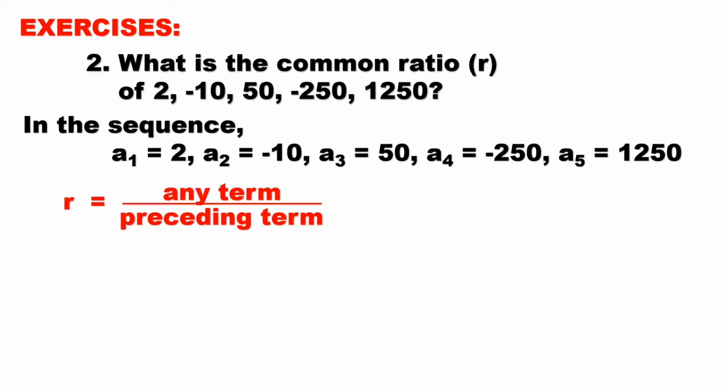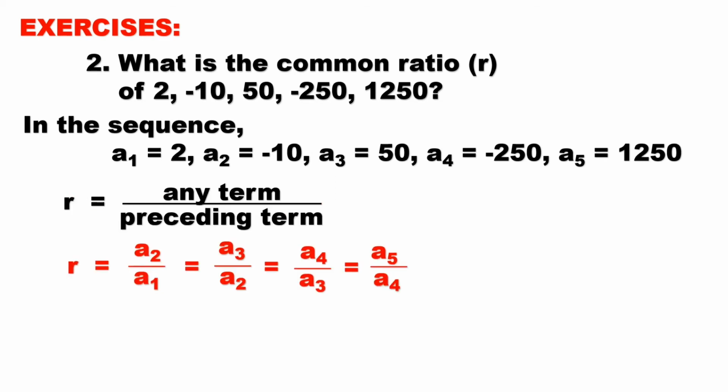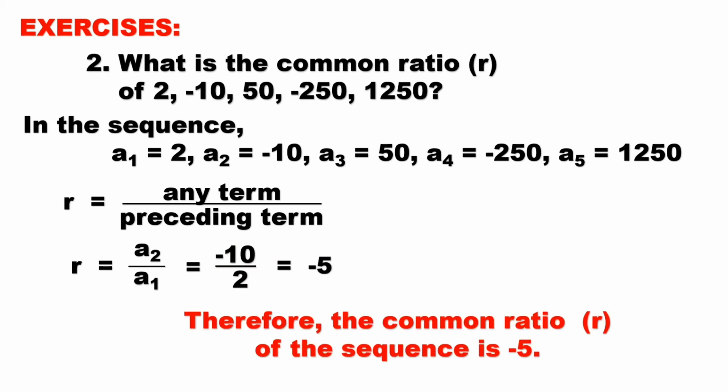Again, to get the common ratio, divide any term by its preceding term. Again, we have 4 possible options but choose any one. And we chose the lowest, which is a sub 2 over a sub 1. A sub 2 equals negative 10, a sub 1 equals 2. Negative 10 divided by 2 equals negative 5. Therefore, the common ratio of the sequence is negative 5.